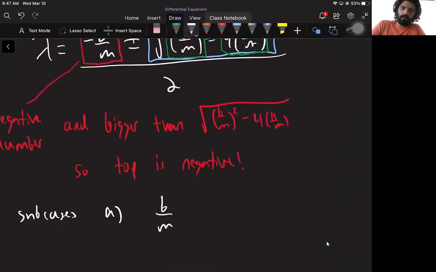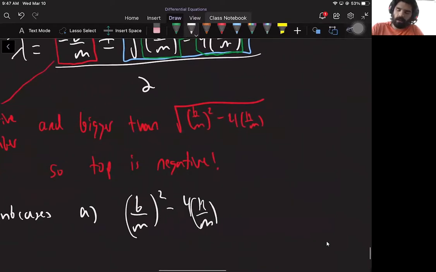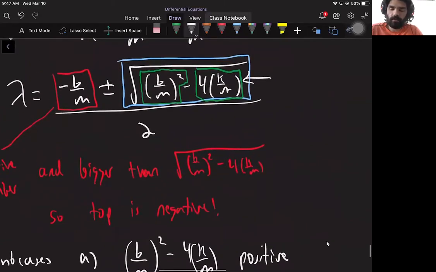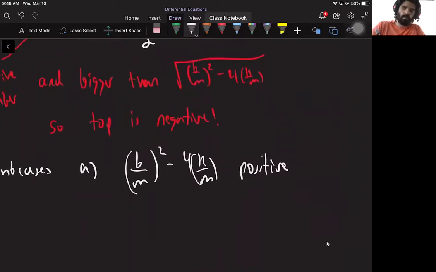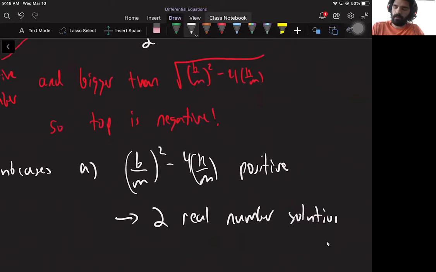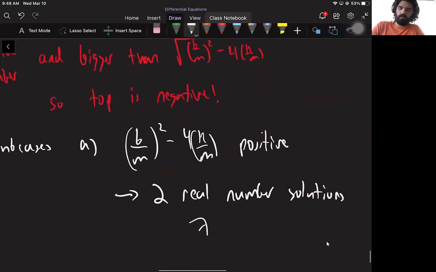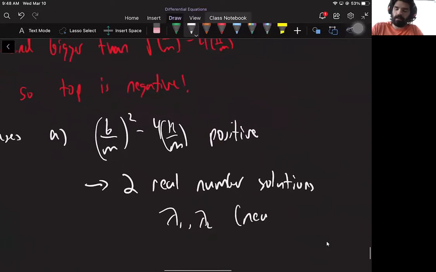So if this thing is positive, then you're just getting the square root of a positive number, nice and easy, and you do plus or minus that positive number, and so you get 2 real number solutions. This is like the first example we did today. And they're both negative, as I said they would be.